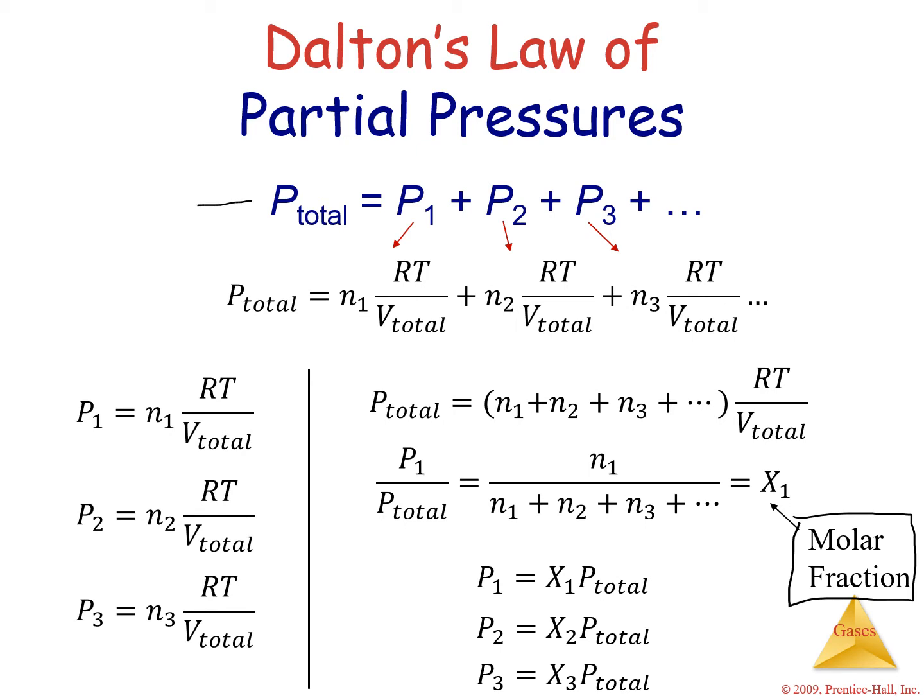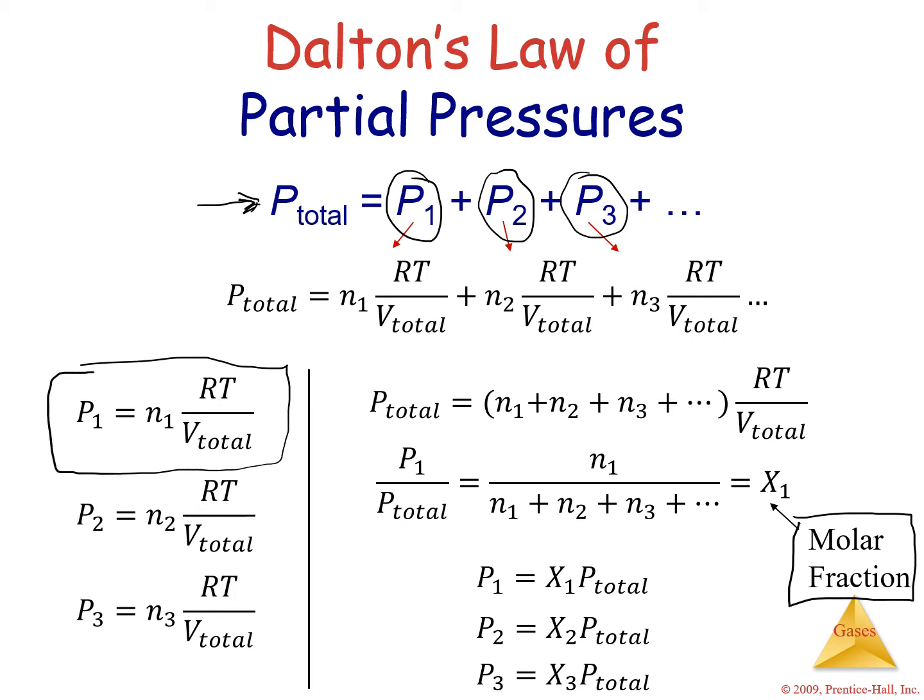Starting from the definition of the total pressure as the sum of individual components, so-called partial pressures of the individual compounds in the gas mixture, each of these partial pressures can be calculated knowing the number of moles of individual compounds like n1, n2, and n3, and of course the temperature of the gas mixture and the total volume of the gas mixture.